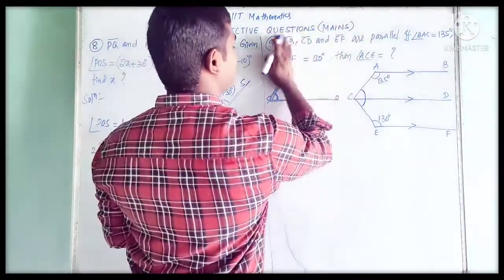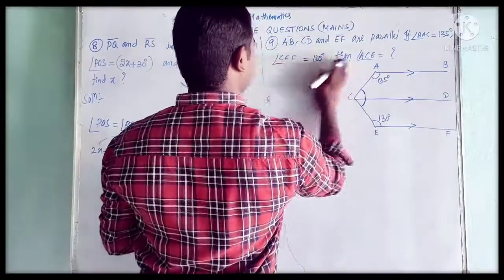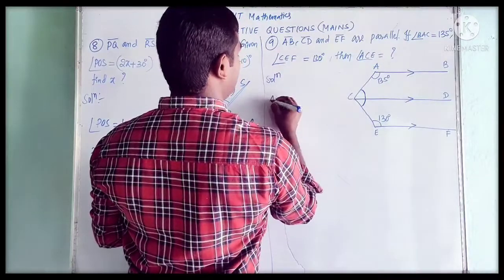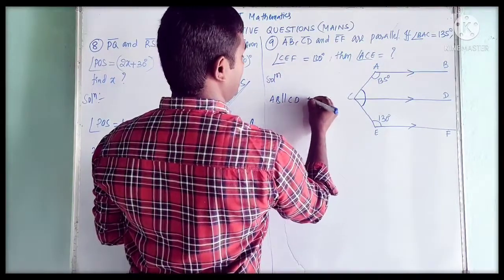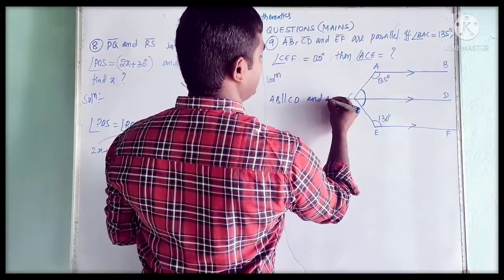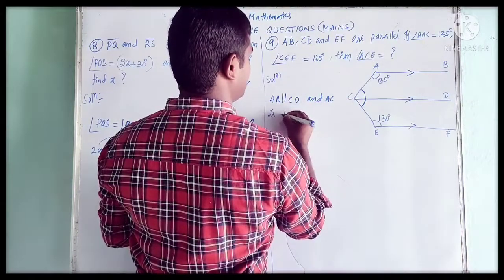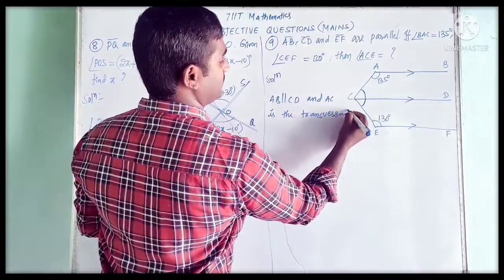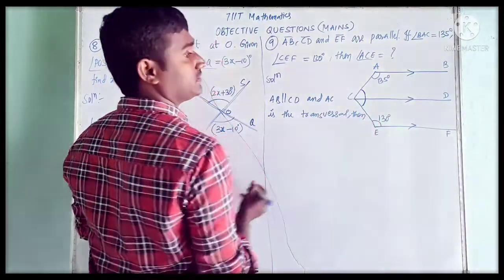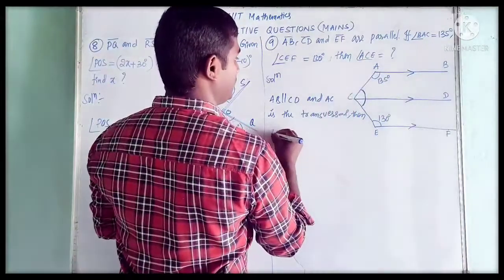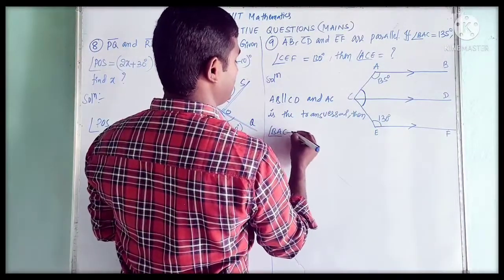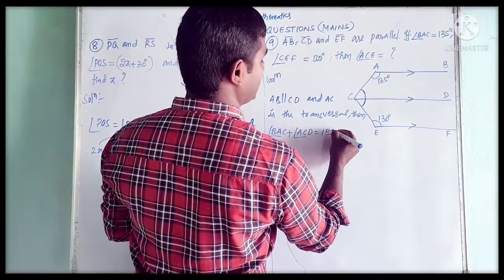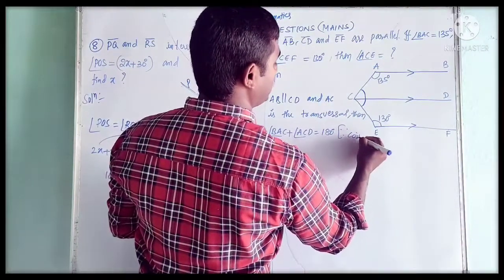Okay, we can write the solution in this manner. AB is parallel to CD, and AC is the transversal. Then angle BAC plus angle ACD equals 180 degrees, because these two are co-interior angles.